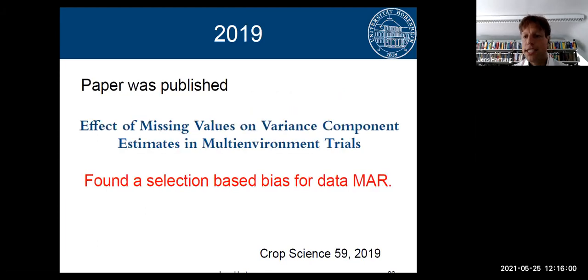In 2018 and 2019, another paper was published. It was also about the effect of missing values on variance components in multi-environmental trials. And they found a selection-based bias of data missing at random. And therefore the question was, is our paper from 2006 completely wrong?